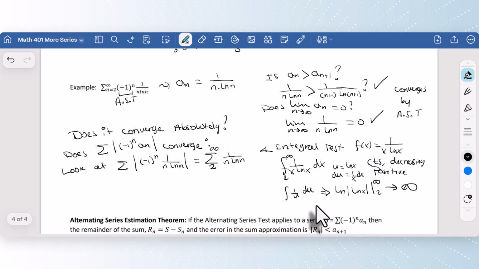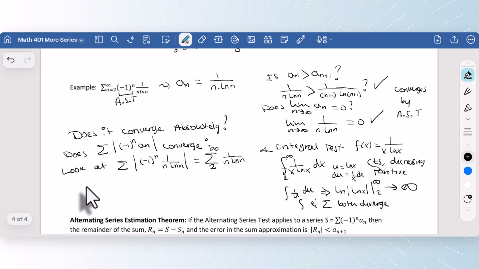So the integral diverges, so that means they both diverge. The integral and the series both diverge by the integral test, which means this diverges. So does it converge absolutely?